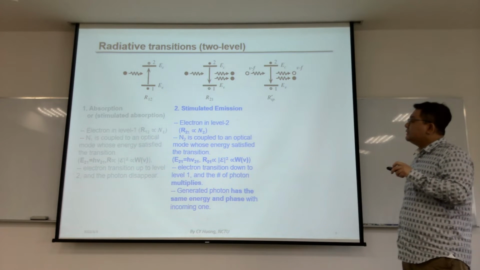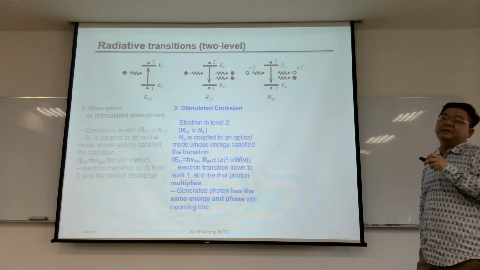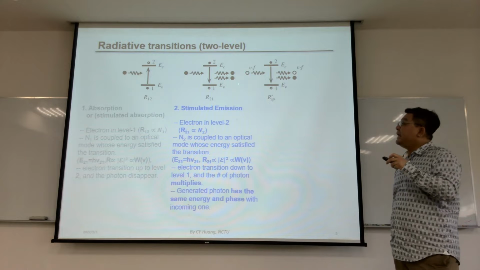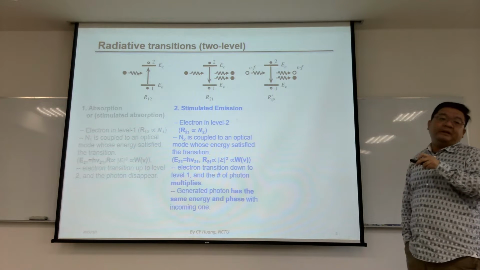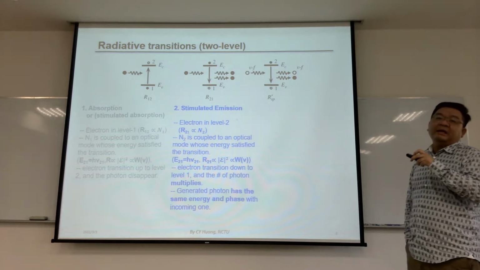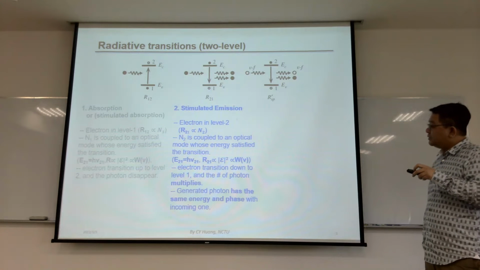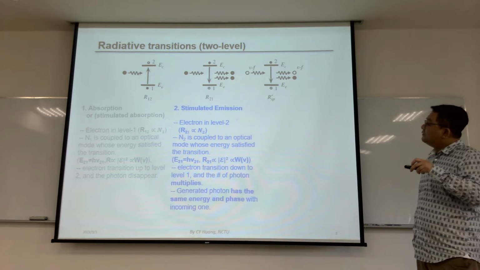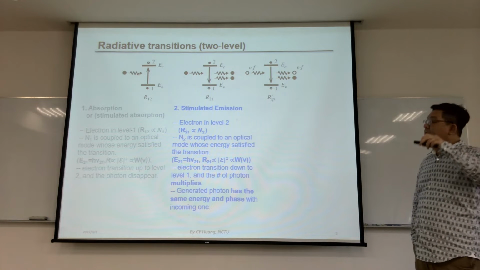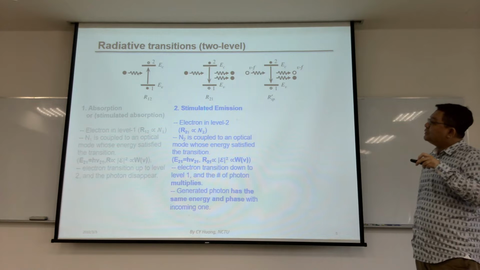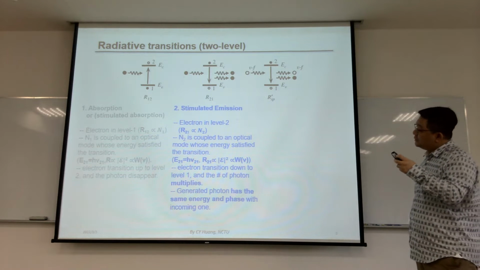Second is called stimulated emission. Stimulated emission is when the electron is at a high level, and it is stimulated and goes back to the lower level and emits another photon with the same photon energy. So the rate of the downward transition, which we denote R21, from level 2 to level 1, should be proportional to the electron density at the high level, N2. That's sure.